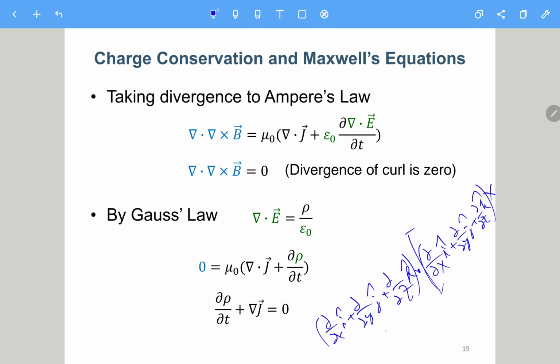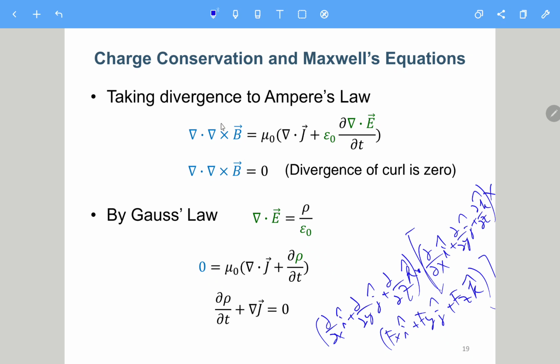This one should be calculated first, and then we have fx i plus fy j plus fz k. If you try to calculate it once, it will be zero. If you don't believe it, you can practice it. This is a theorem, and you can check it on Wikipedia. I think it is called the divergence of curl is zero.